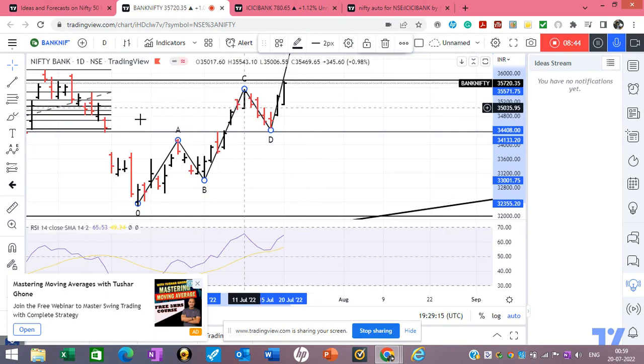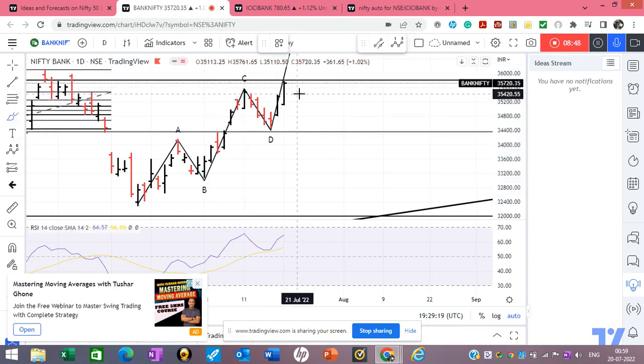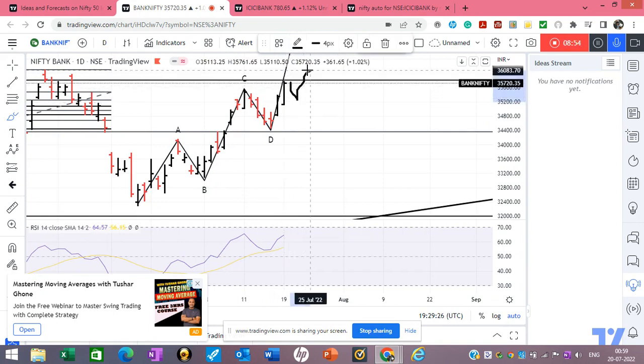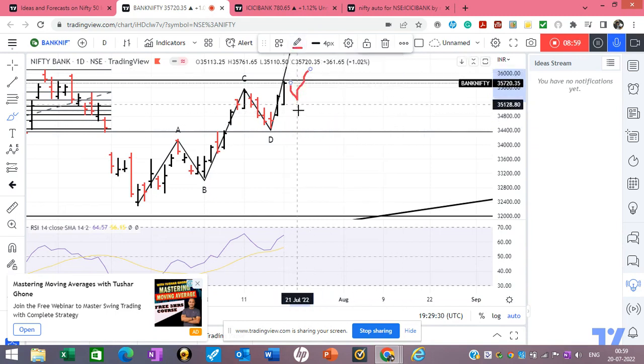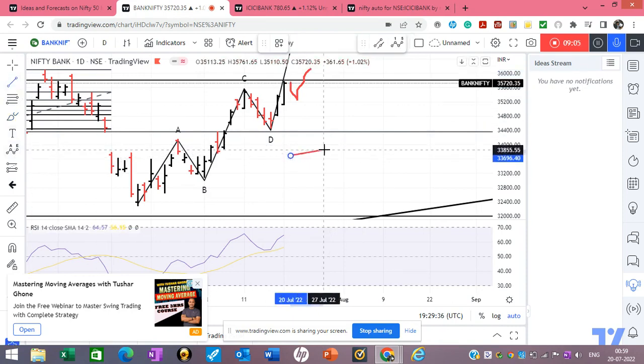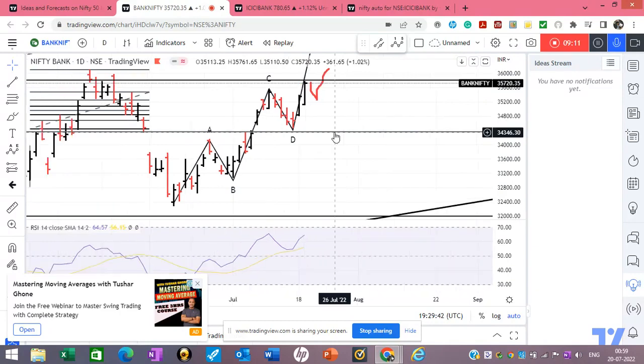We will have a decline now, a small decline, and then move up. 5 wave move up. So that kind of thing. So I want to see a small decline and then again 5 wave move up.